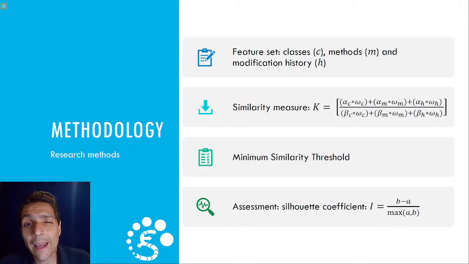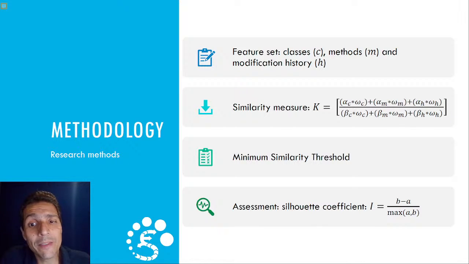And actually there is a kind of hierarchical change here, because usually modification history changes several files. We made a tool based on Java, and in Java each class is in a file, so modification history usually involves more than one class, and a class involves more than one method. So we have a hierarchical feature set here.